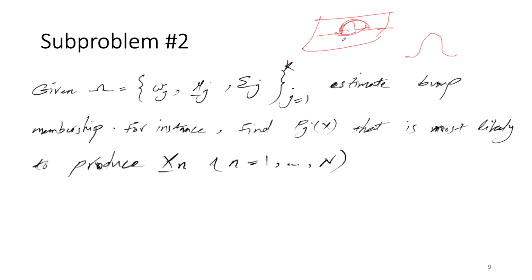So for instance, we want to find a P_j of x that is most likely to produce the x's, right? Now we are trying to guess the other side of the problem. When we have points, what cluster or what bump membership can they generate, right? So when we have this, we want to estimate what type of shape these two can generate, these four can generate.